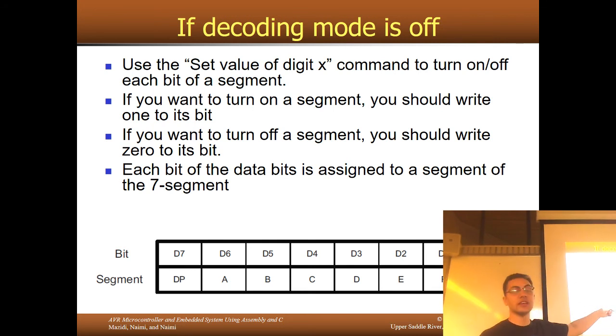Bit 7 is the decimal point, bit 6 is A, bit 0 is G. That might be opposite from how you've created your lookup table in the past. I don't recall. Usually I think we put G right next to the decimal point. So you may have to rework that lookup table a little bit for your lab. That's if your decoding mode is off.